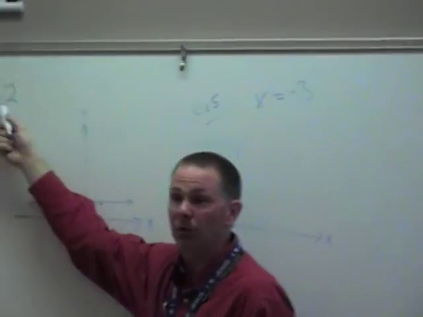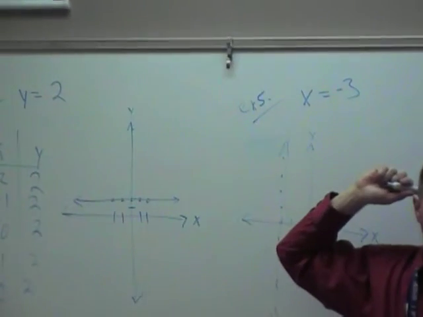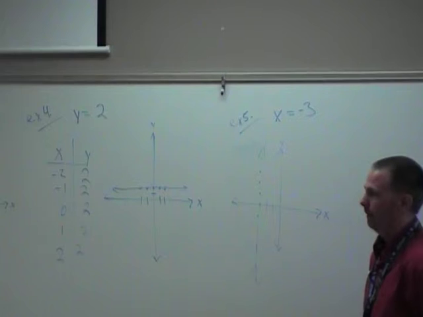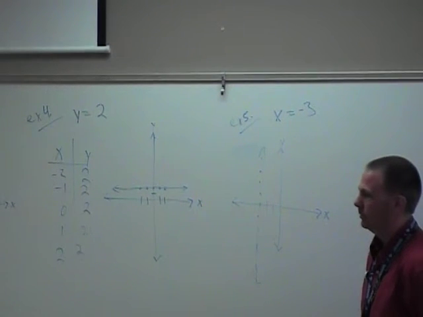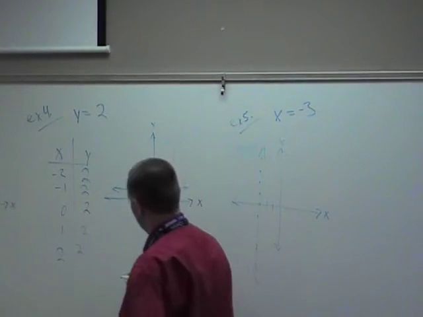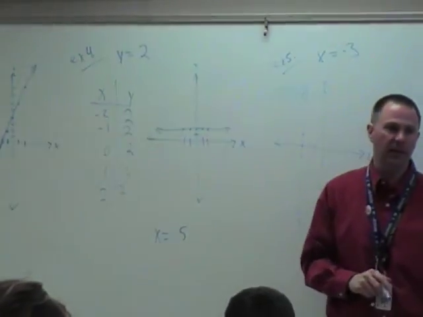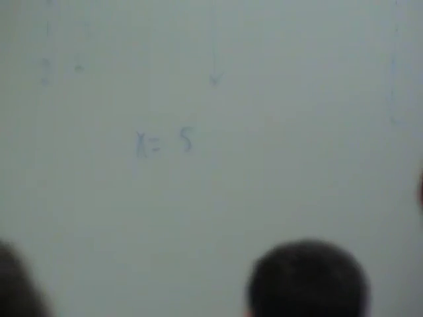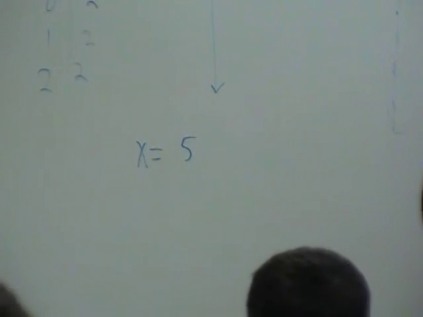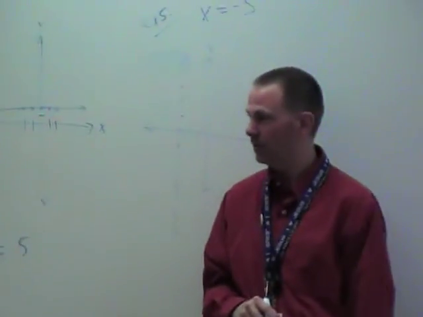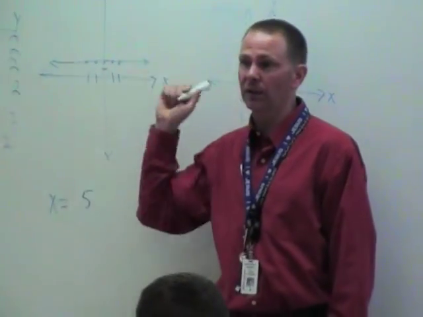If I say x equals 5, what are you going to draw for me? A vertical line that goes through the 5 on the x-axis. Don't ever forget this.